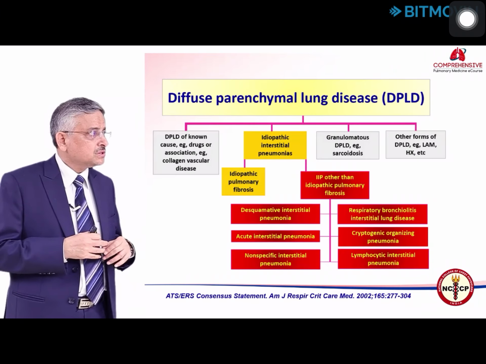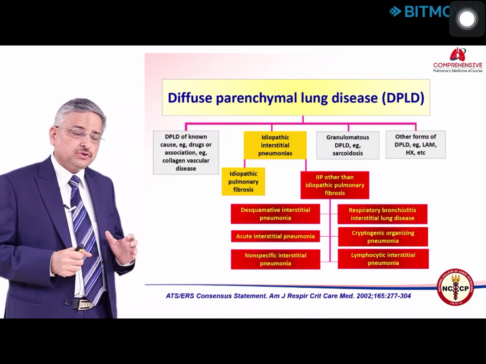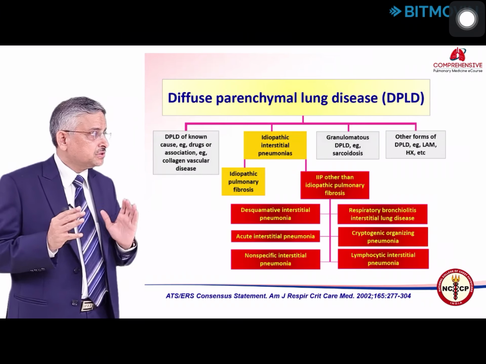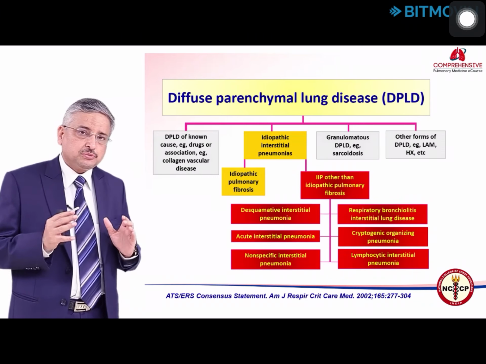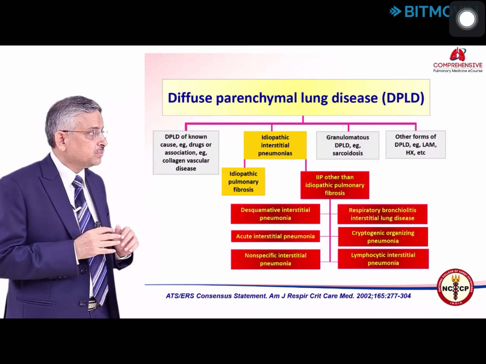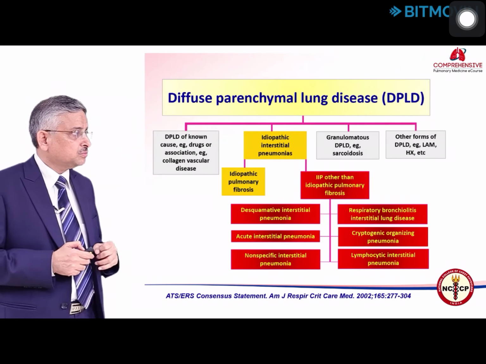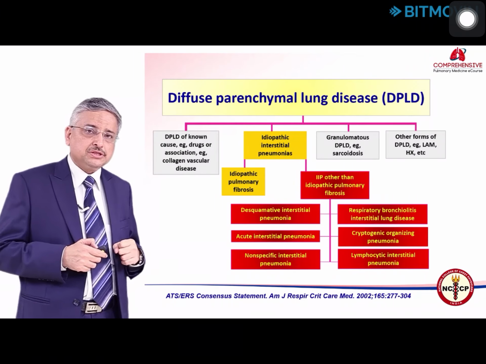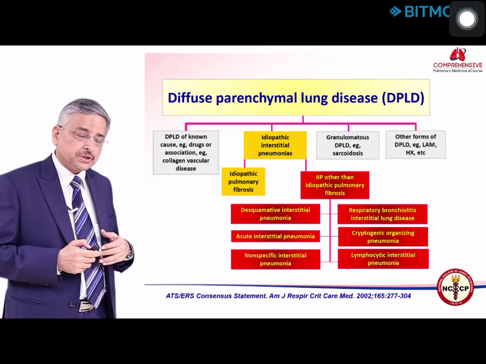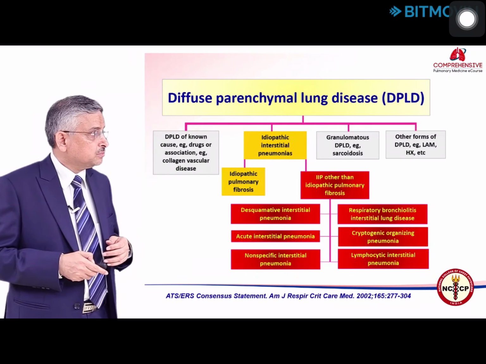You have other forms like LAM or histiocytosis X, and then you have a huge chunk of ILDs which get labeled as the idiopathic interstitial pneumonias. Among the idiopathic interstitial pneumonias, the bulk is IPF, idiopathic pulmonary fibrosis, and then you have the other IIPs like NSIP, acute interstitial pneumonia, DIP, desquamative interstitial pneumonia, respiratory bronchiolitis interstitial lung disease, COP, cryptogenic organizing pneumonia, and lymphocytic interstitial pneumonia.